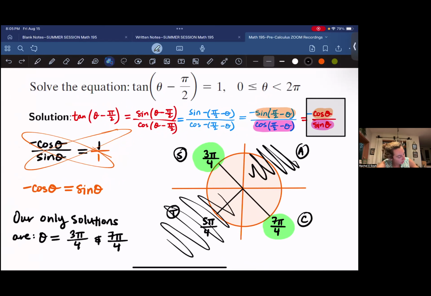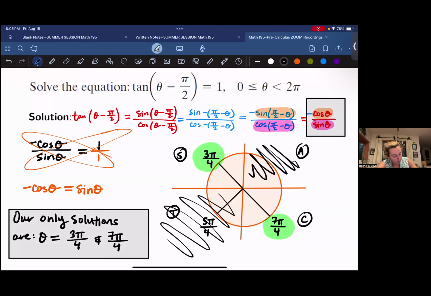And then I'll also maybe write in, we were looking for multiples of that square root of 2 over 2, some variation of that, including negatives or not. And that's it.